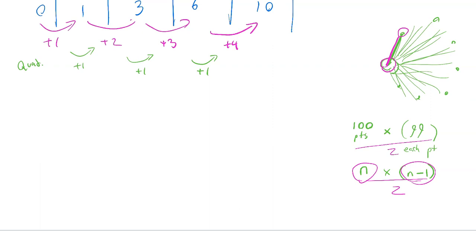So n times n minus 1 is every connection. But we've said this one connects to that one, and that one connects back to this one, so we've connected 2 times for each line, one going forward and one going backwards. So in the end, we divide by 2. So the formula here is n times n minus 1 divided by 2.